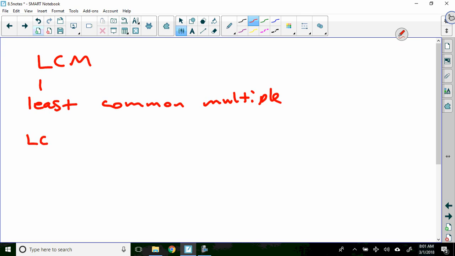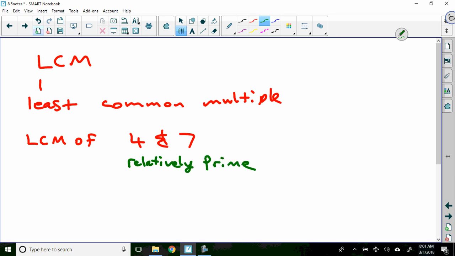So the LCM of 4 and 7, this is where your 6th grade teacher told you these are easy to do. You just do what with the 4 and the 7? You just multiply them. Now the interesting thing is 4 and 7 are relatively prime. I know that seems like a really complicated word. All it's saying is they don't have any factors in common.